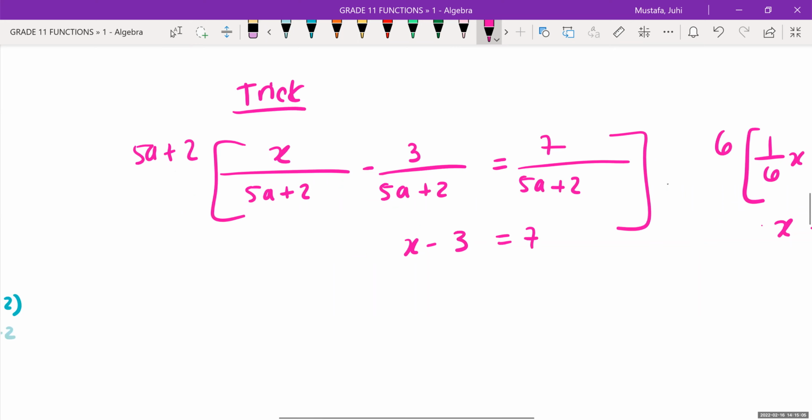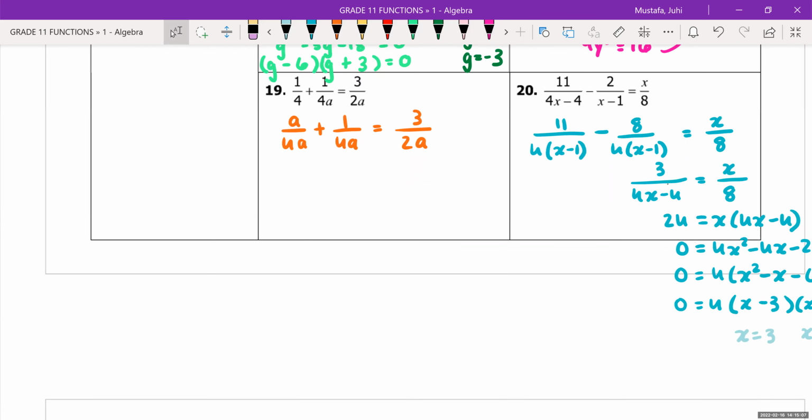Okay, so in this question that we were just working on, we made the first fraction a over 4a, then we have 1 over 4a. Is there any way we can also make the fraction after that have a denominator of 4a? Well, what can we do? We can multiply it by 2. So let's do that. And when we do that, we get 6 over 4a.